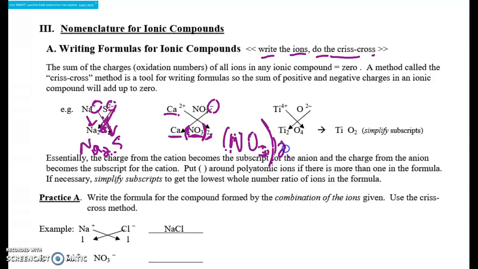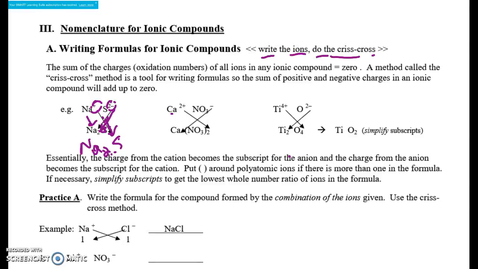To show that we have 2, we put parentheses around it, and then we write a subscript 2. So calcium nitrate, Ca(NO3)2. And again, you must put the parentheses around the nitrate to show that we have 2 nitrate polyatomic ions bonding with 1 calcium.